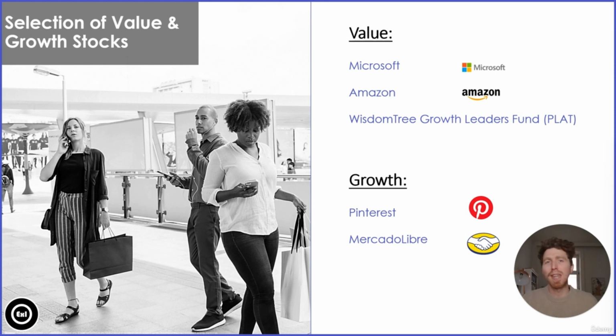Another value stock to have a look at is Amazon. Amazon is the e-commerce giant, like a monopoly these days, but also Amazon has interesting other business units like their AWS, Amazon Web Services, cloud infrastructure business, and also Amazon Prime, Amazon Music, Amazon Pay. So they have multiple businesses where they are pretty fast growing.